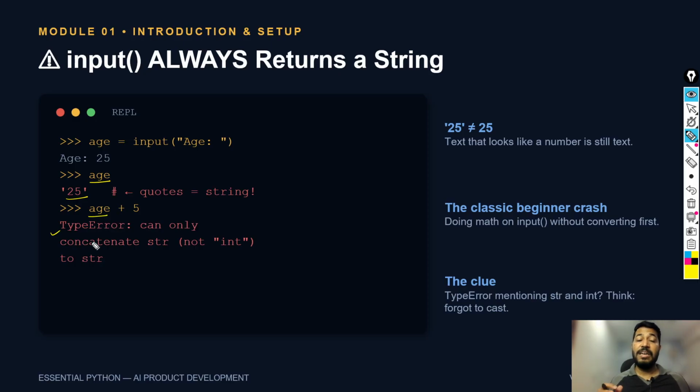This is the trap, and in order to handle it appropriately, we need to do typecasting. We also need to understand exception handling, because it is very possible that we make a mistake, skip the typecasting step, and fall into the trap of the type error exception. We don't want to break our code in production, so we will use exception handling as well.